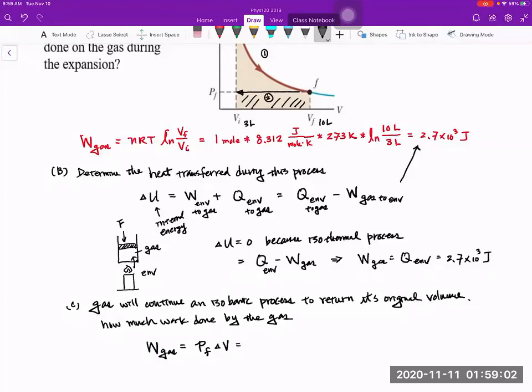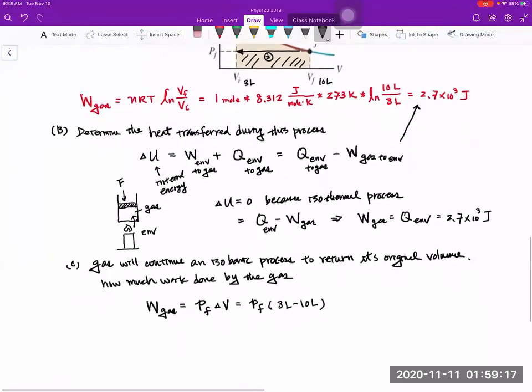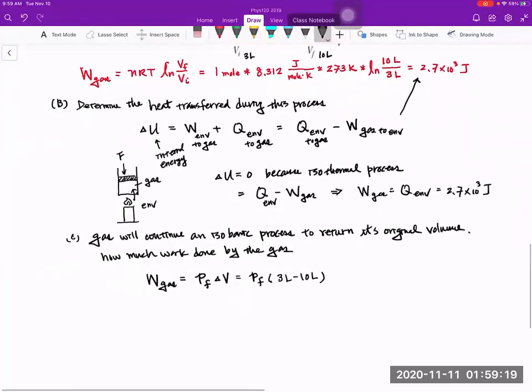So you are looking at final, which is 3 liter minus 10 liter. And how is the liter related to the meter cube? You have to calculate that, because the meter cube is the one that we use to find a joule. You cannot simply use the liter.